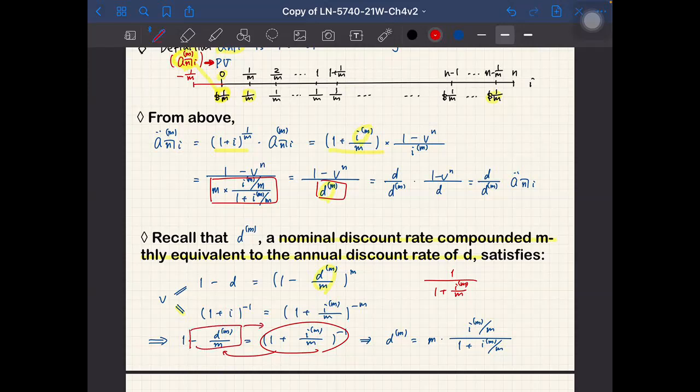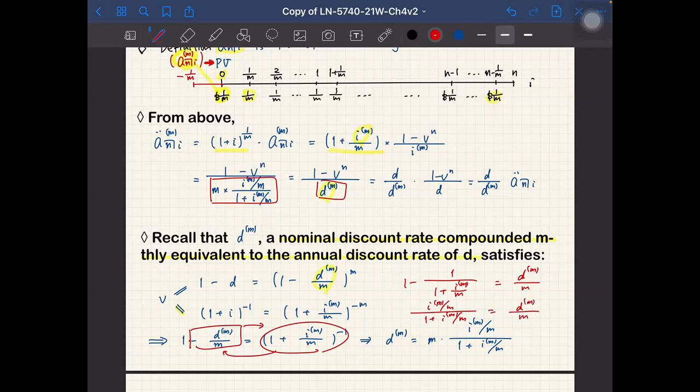So 1 minus this term is equal to d superscript m over m. So this is equal to 1 minus i superscript m over m over this quantity, 1 plus i superscript m over m. This is equal to d superscript m over m.